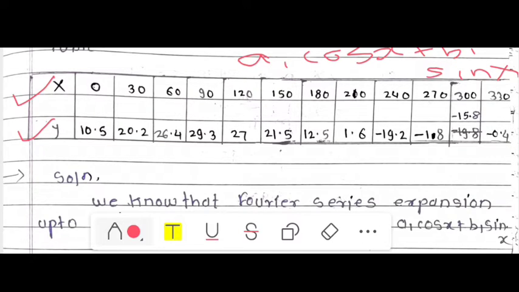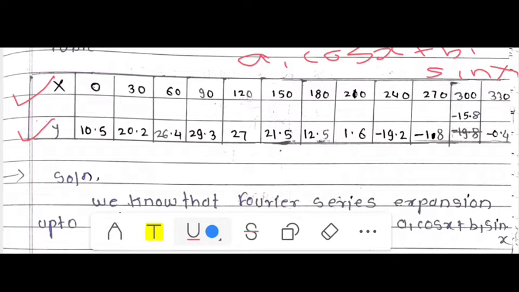The values of x are equispaced; the difference between each value of x is 30 degrees, and for each value of x we are given the corresponding value of y.